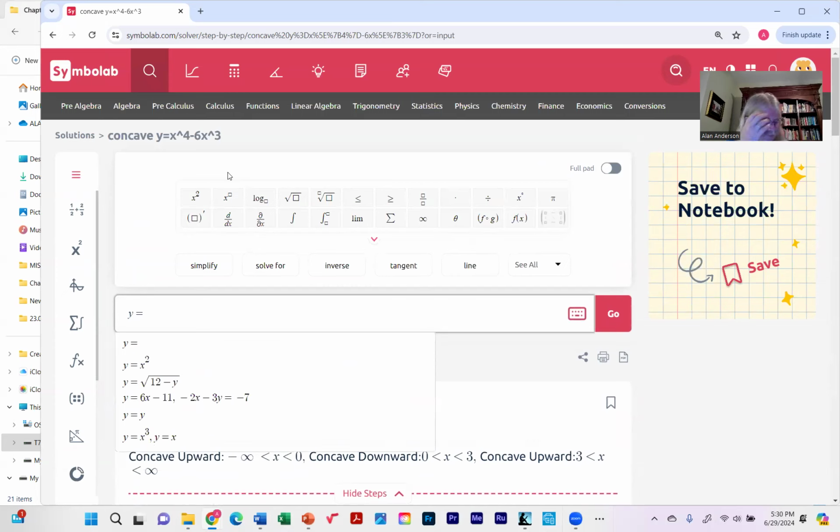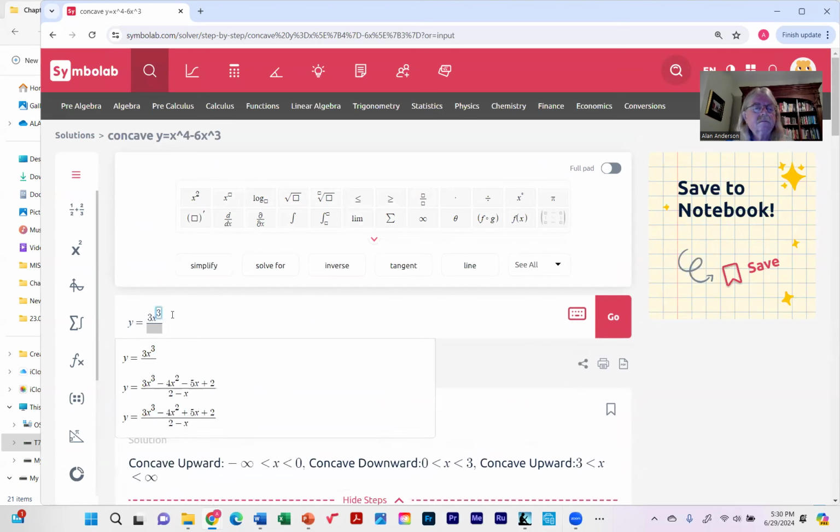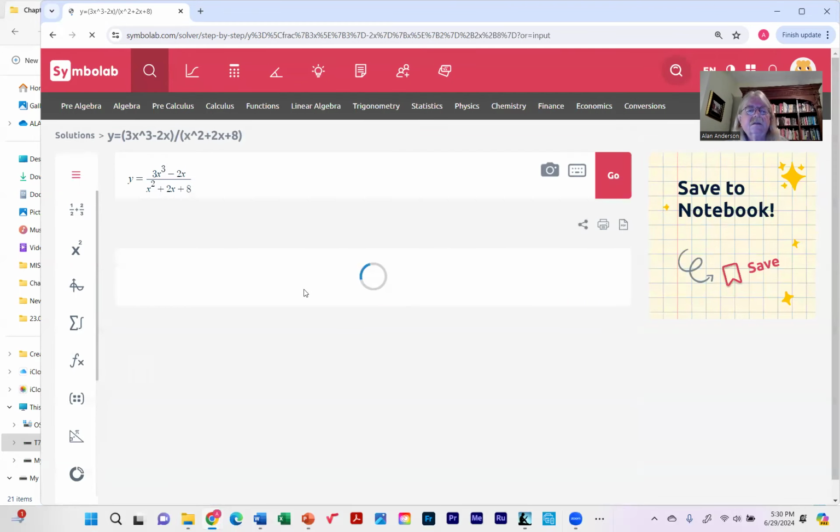So we have 3x cubed minus 2x, all divided by x squared plus 2x plus 8. All right, let's see what this thing looks like.